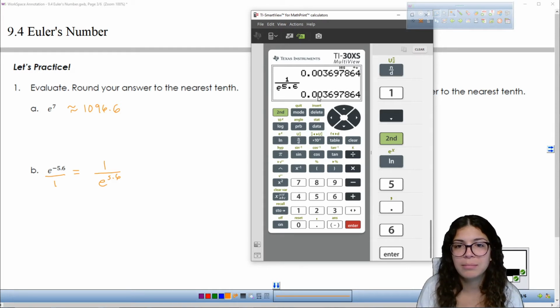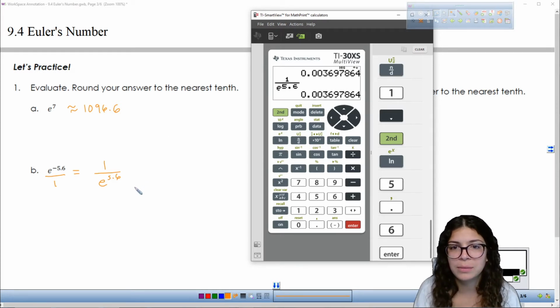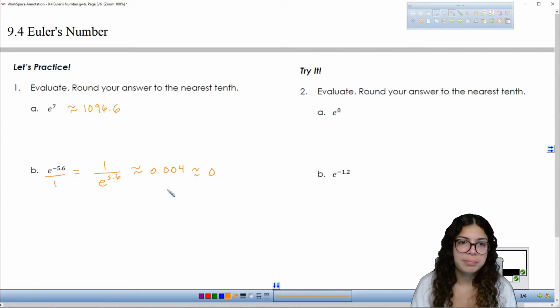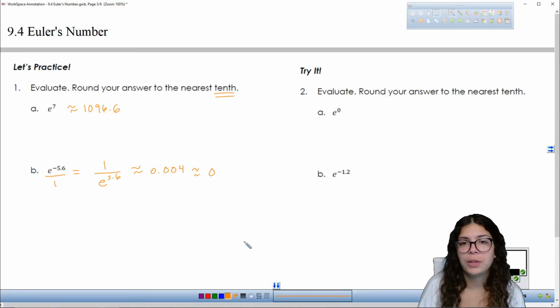But let's go ahead and round to the nearest thousandth. That way we have a number. So it will be 0.004. Which, again, if we round to the nearest tenth, is about 0, if we follow the directions from the question.